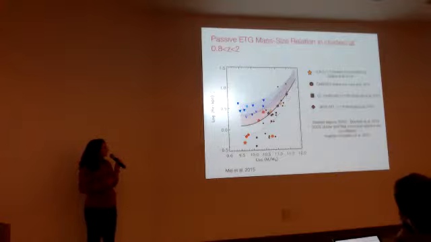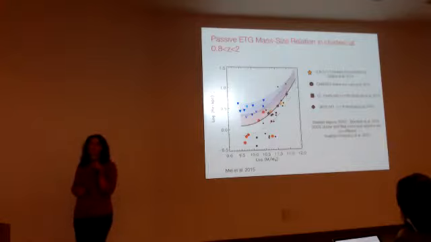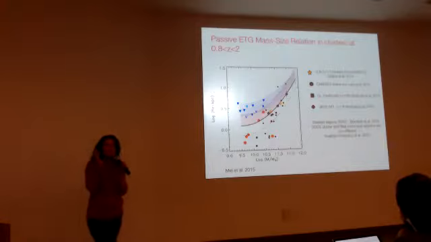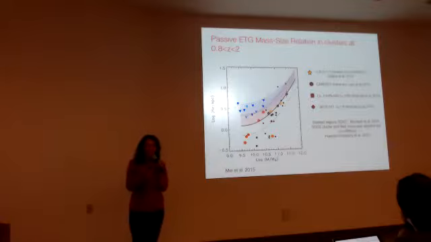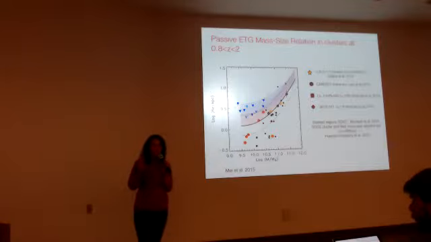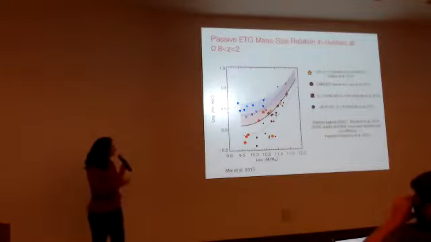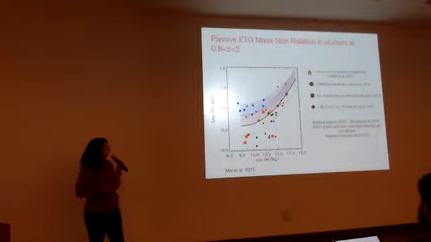You see that their masses and sizes are very much consistent with the relation we observe at z equal 1, and they lie on the same mass-size relation. So they have the same sizes at the same mass as the passive ETGs at z equal 1 that are on this continuous red line.